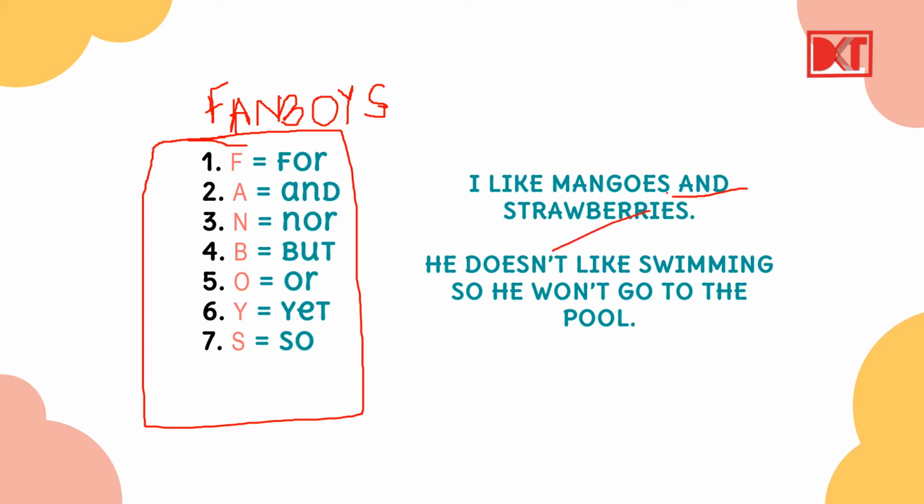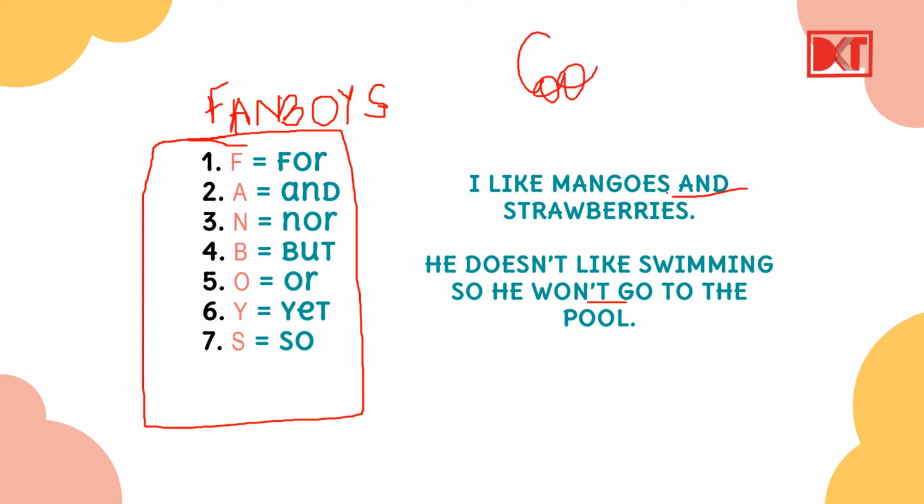Alright. Then similarly, for the next one, we have he doesn't like swimming, so he won't go to the pool. He doesn't like swimming, so. So is coordinating, linking these two separate clauses. Right? So यही काम होता है किसका?